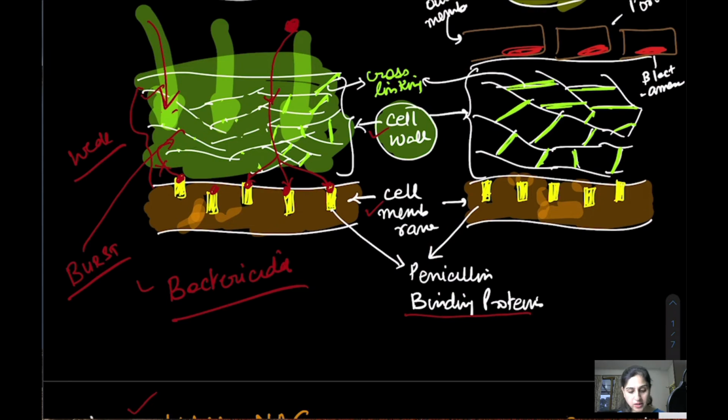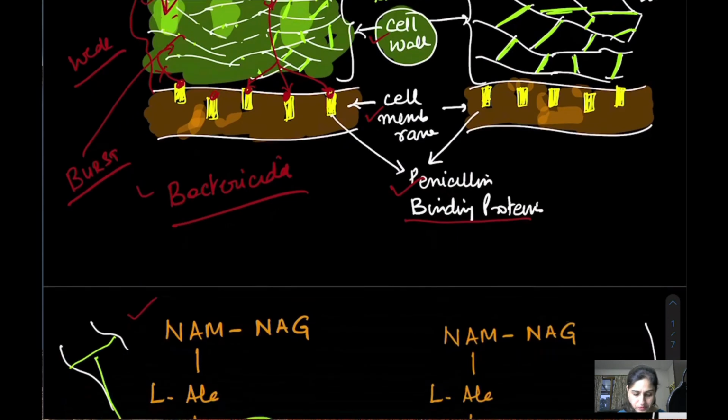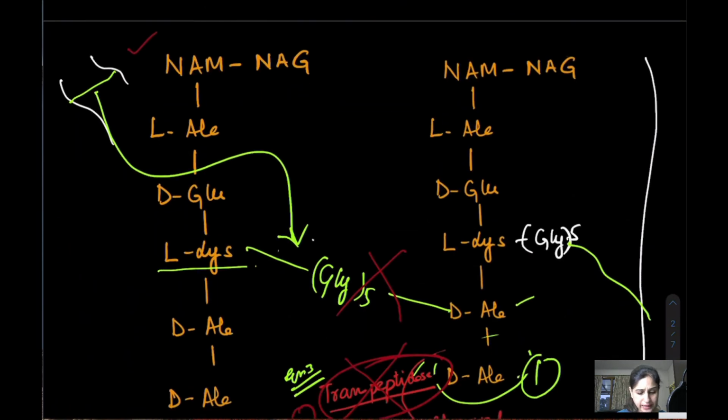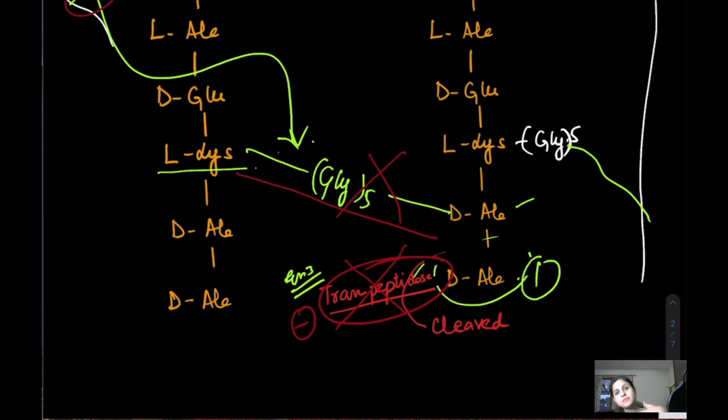So remember, first it is going to enter and bind to the penicillin binding protein. Then it's going to target basically the cross links, and for cross links the important enzyme is transpeptidase, because it cuts the terminal D-alanine, and then there is release of energy which will lead to formation of this bond, okay, which is this bond. And when there is no transpeptidase enzyme, no breaking of the D-alanine, this bond is not formed.